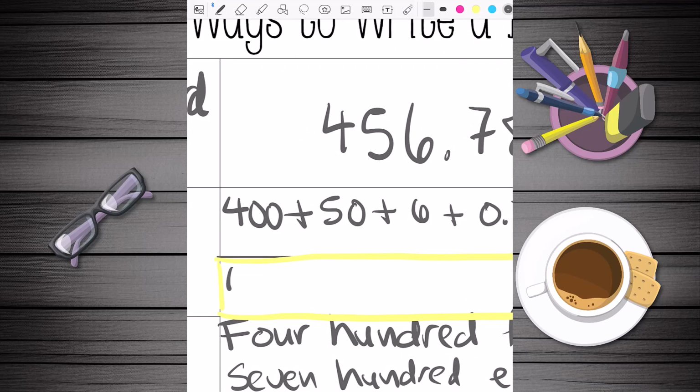Okay, we're going to look at a couple of other ways to write expanded form, and I'm zooming in because it's hard for me to write this small on a screen. So 4 times 100.